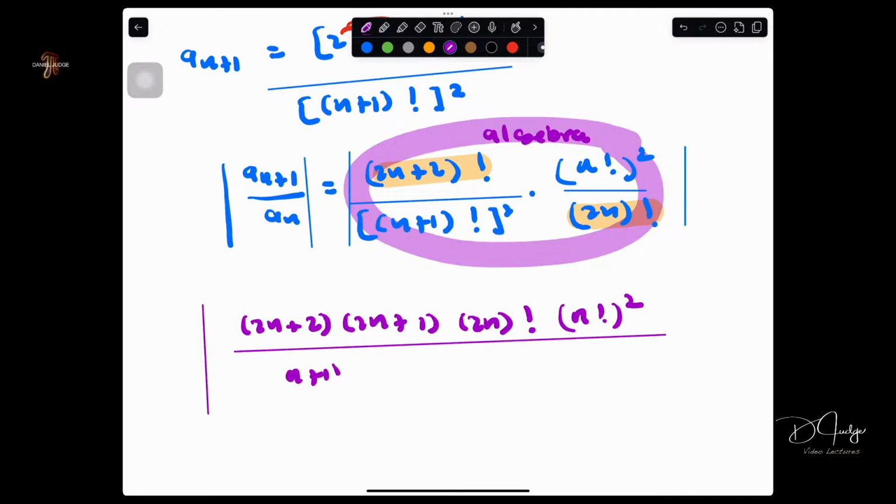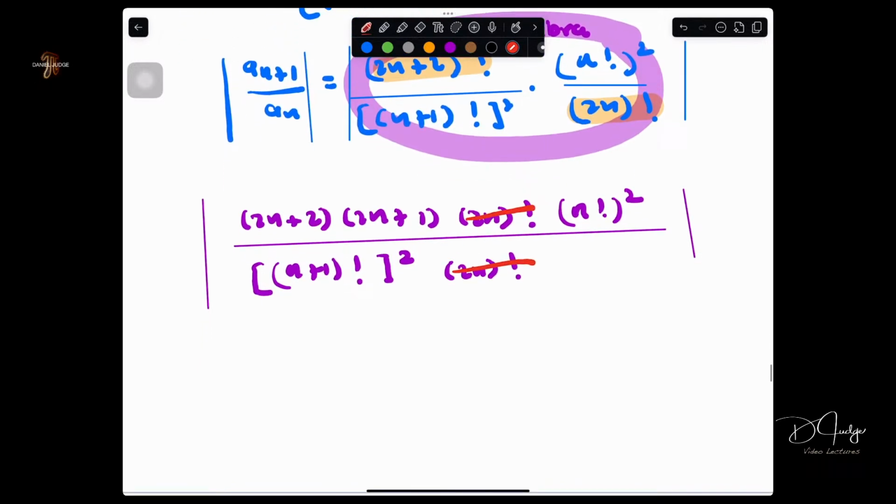But I have n plus 1 factorial to the second power times 2n factorial. So let's see what's going on here. We could get rid of, by cancellation here, 2n factorial. Now I'm going to focus on n factorial squared and n plus 1 factorial squared. I'm going to use the same idea here.